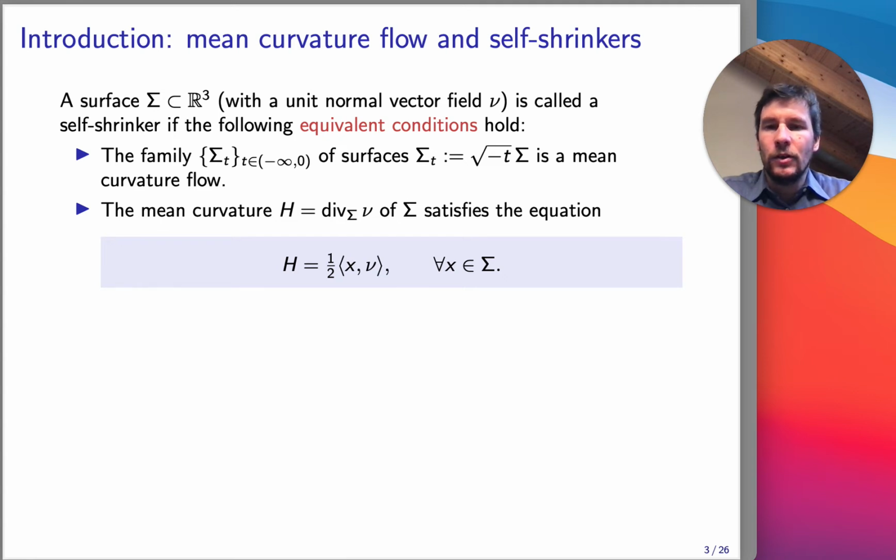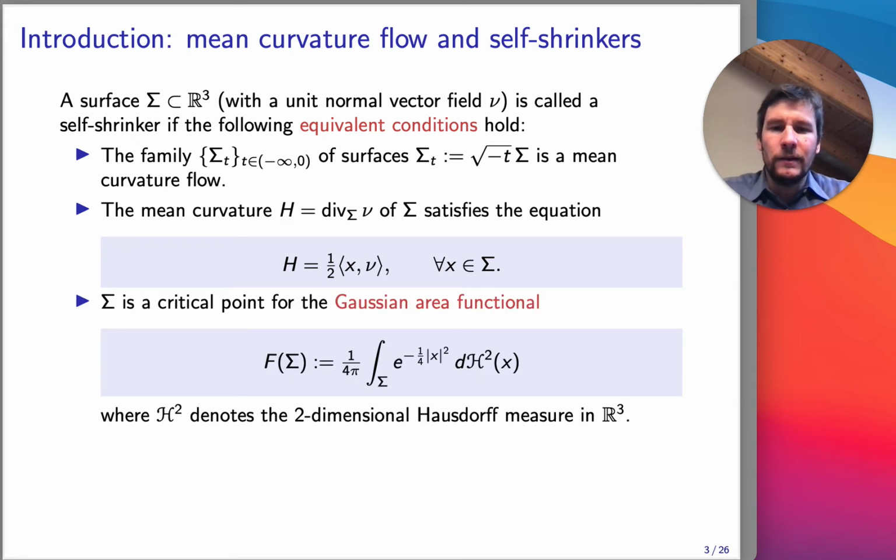Another characterization of self-shrinkers is via this formula, that the mean curvature is given by 1/2 times the position vector times the normal vector nu. And a third characterization, which we will use quite often in this talk, is that it's a critical point for this Gaussian area functional.